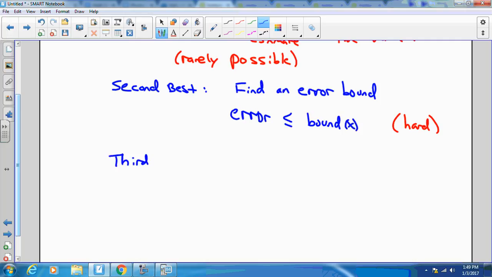The third thing that we can do, and it's easy to do, is that we can determine whether our estimate is an overestimate or an underestimate.